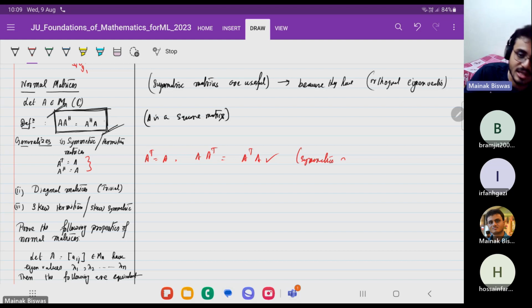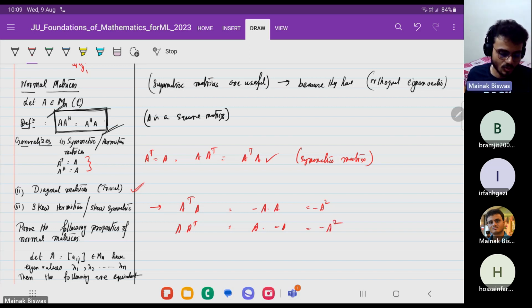Similarly, diagonal matrix, there is no question of transpose and so on. So you will be having sigma transpose is equal to sigma, trivial. And skew symmetric, A transpose is equal to minus A. Similarly, A transpose will be minus A, which are both the same, right?